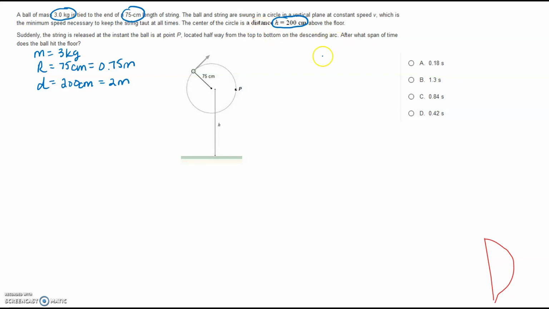What else do we have? So when I did the free body diagram of this, and I drew the line of the ball going in a circle, I said, okay, the force of weight is going to be equal to the force centripetal. And the first thing I did was I solved for velocity using this, and then I plugged in what I know.